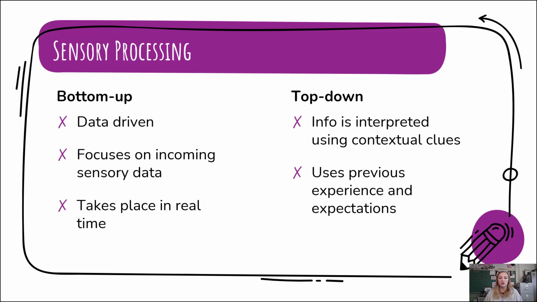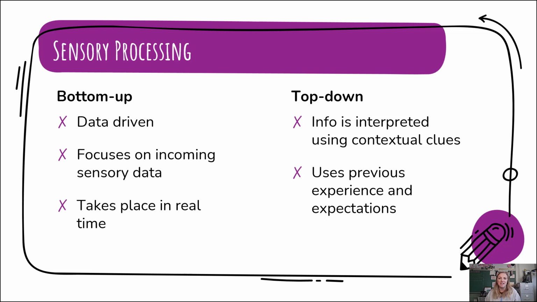In addition, if you're searching for a friend in a crowded room, your internal goal of finding that friend and your past experience with that friend will drive your attention to faces and clothing similar to what your friend usually wears. This is using our past experience and your expectations in order to make sense of a situation.